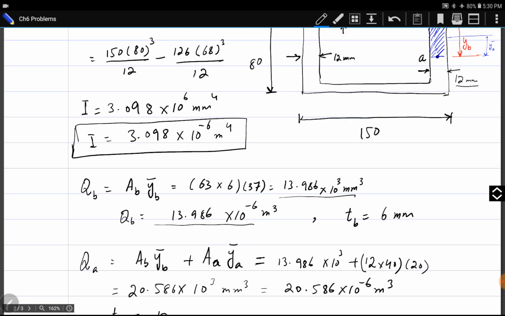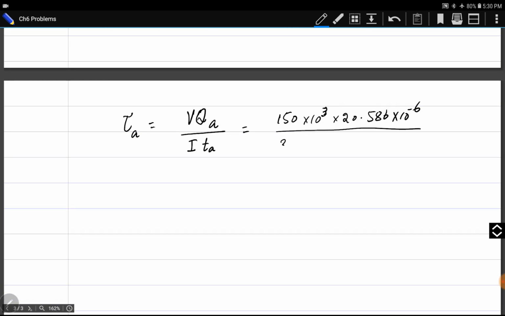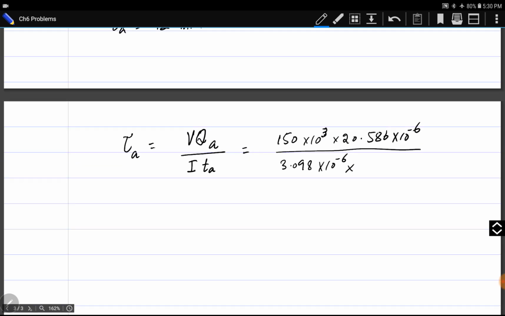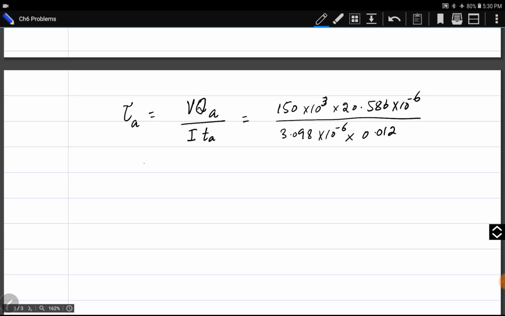I is 3.098 into 10 power minus 6. And TA is 12 mm, means 0.012 meters. Tau A, shear stress at point A, becomes 95.2 into 10 power 6 pascals or 95.2 megapascals.